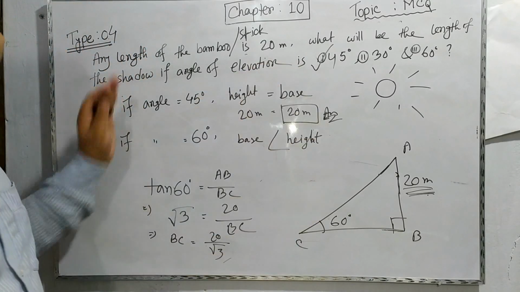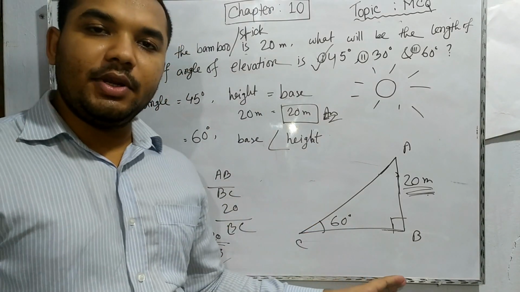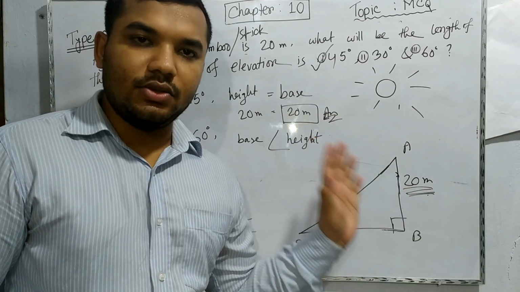So this is the end of type 4. And here we can understand the relationship between height and base.